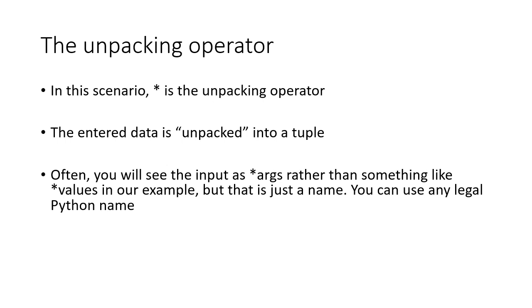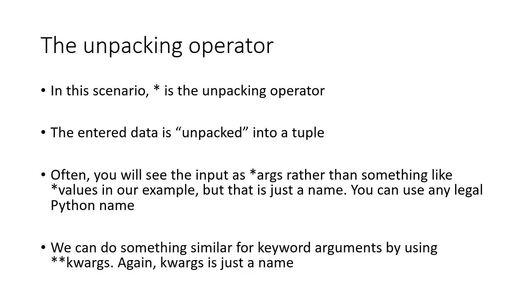It's the star, the asterisk, right? The unpacking operator that matters most here. If we have keyword arguments, so things where there's a name and a value, then we use 2 asterisks, and that's often called kwargs or keyword args.